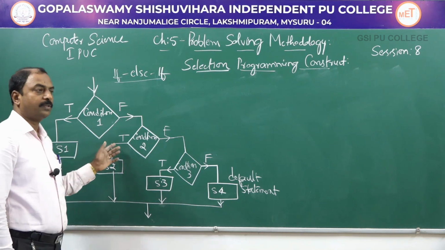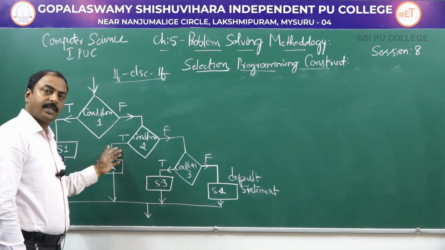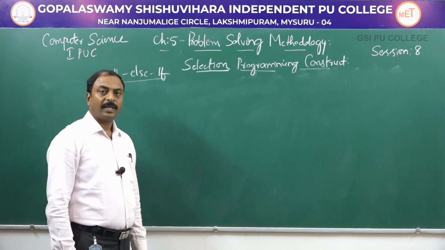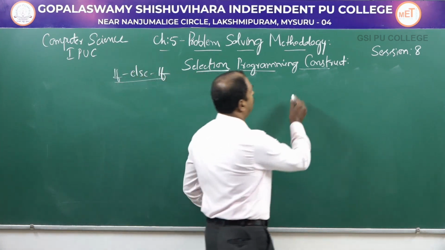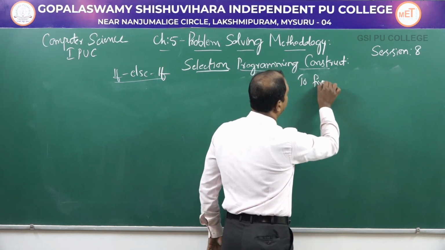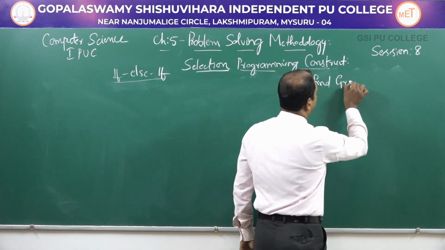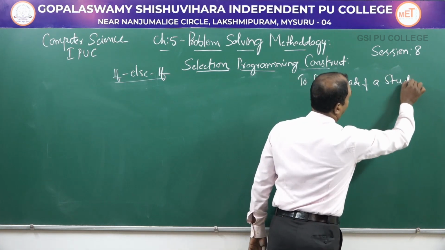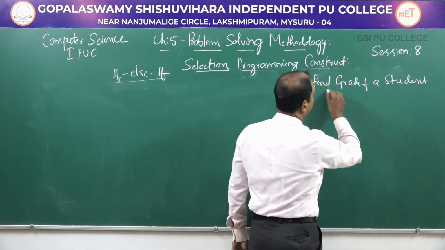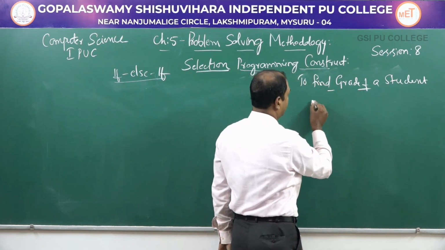Now let us write one simple example for the same. Let us write a program construct for the following example: to find the grade of a student based on the following conditions.